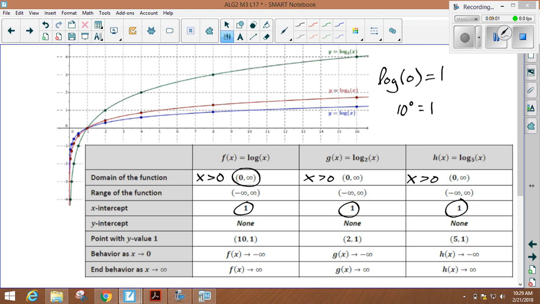I'm sorry, I did this wrong. Sorry about that. The x-intercept is at 1, 0, sorry, and this is because 10 to the 0 is 1.